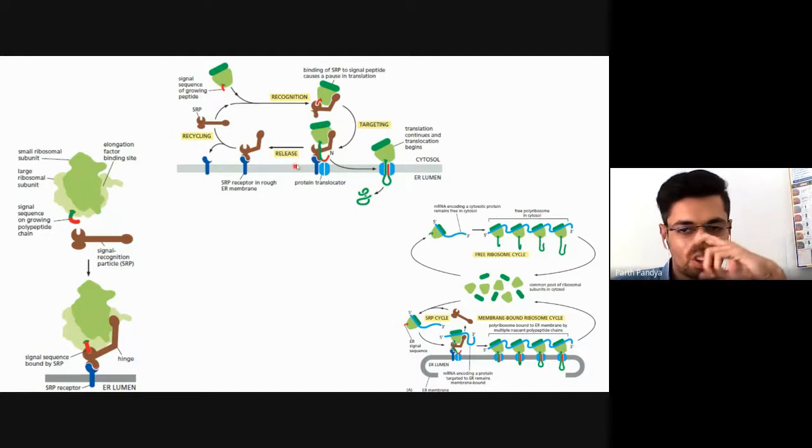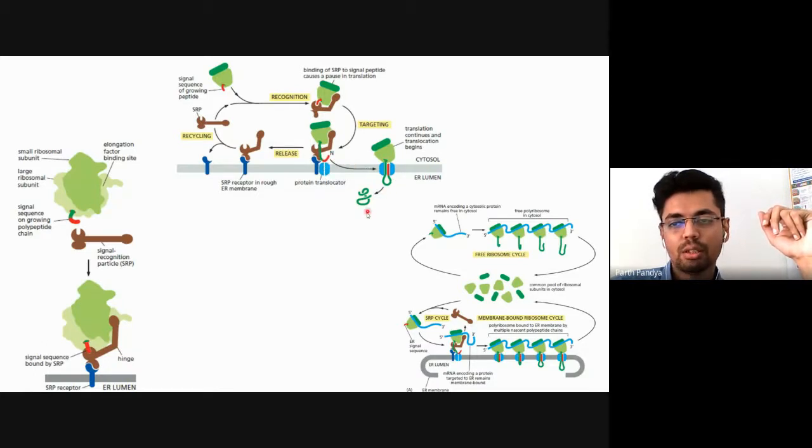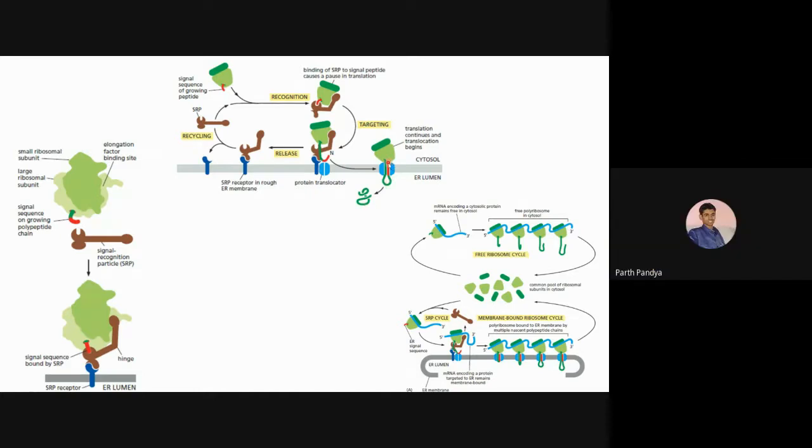Once the translocon is formed, the peptide is attached to it, and the overall peptide goes inside the ER lumen. Once the peptide is inside, the signal peptidase cleaves it off, and the ribosome subunits dissociate. Okay, and a similar function occurs with the other ribosomes.